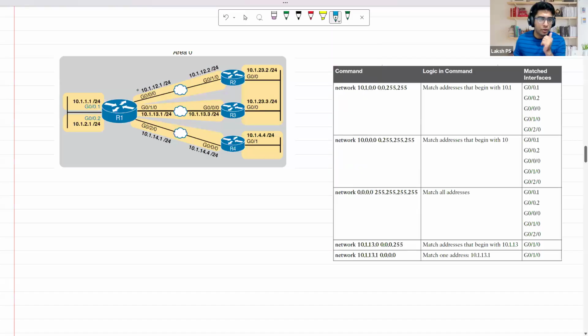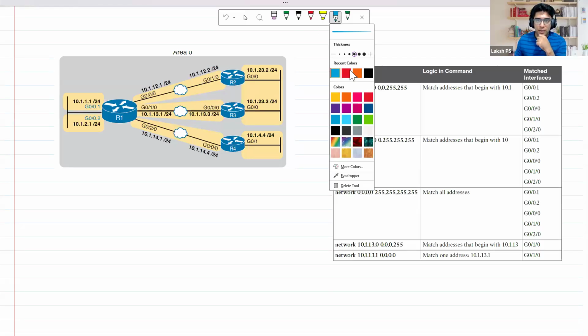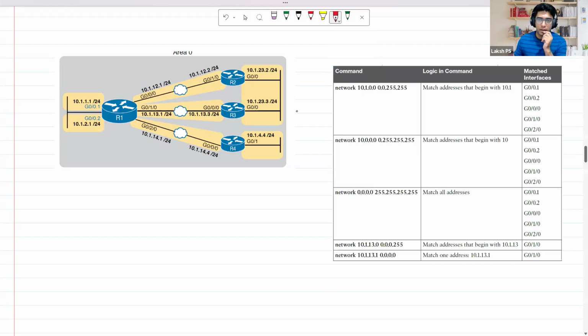The first command says network 10.1.0.0 0.0.255.255. This is the network ID and the wildcard mask combination.